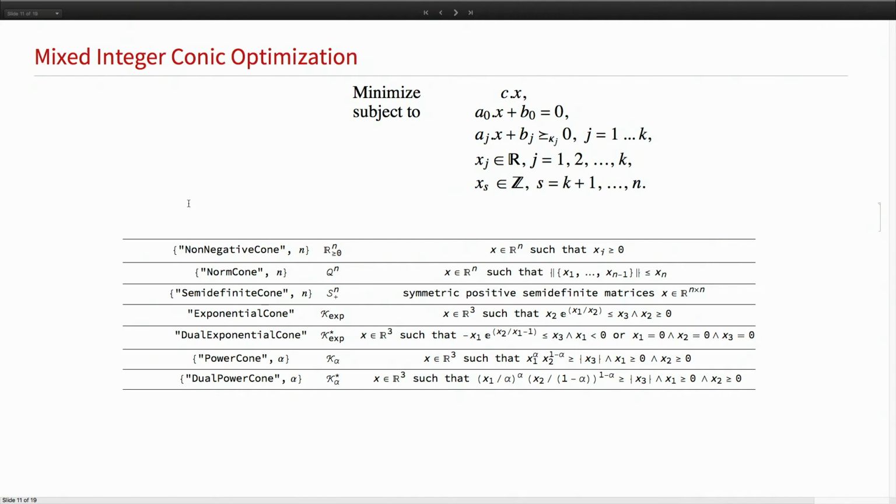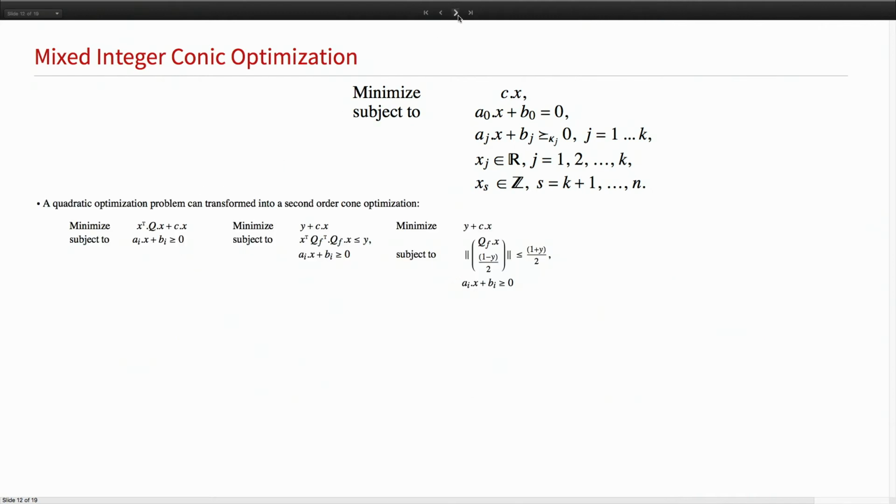One caveat I should mention: quadratic optimization deviates a little in terms of its objective. That quadratic objective can, using certain transformations, be converted into a second-order cone problem. So even though we have to perform a couple of extra steps in terms of the transformation, it falls under the same category.